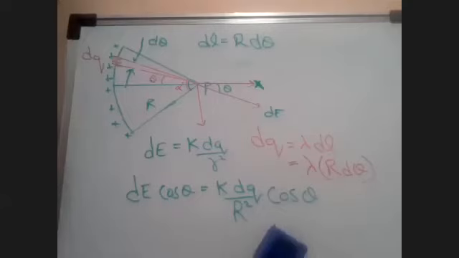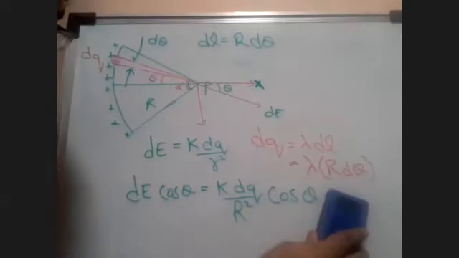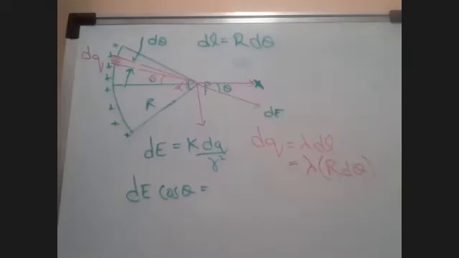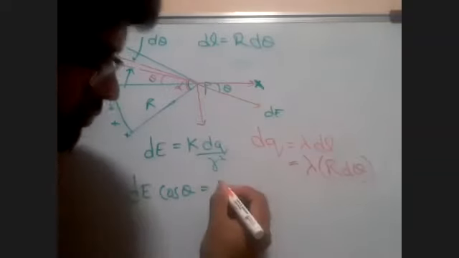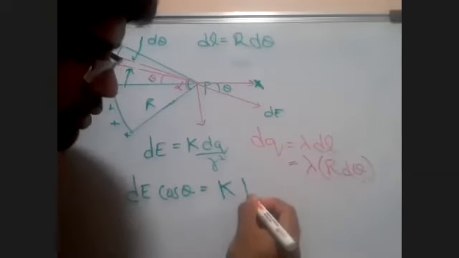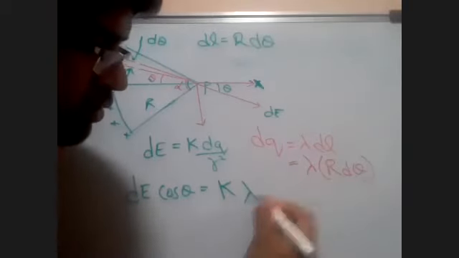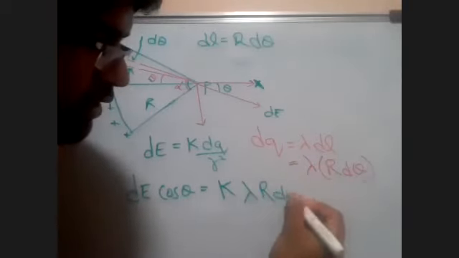I'm going to rub this down. So what will it become? It will become K, and instead of dq, I will write lambda R d theta.